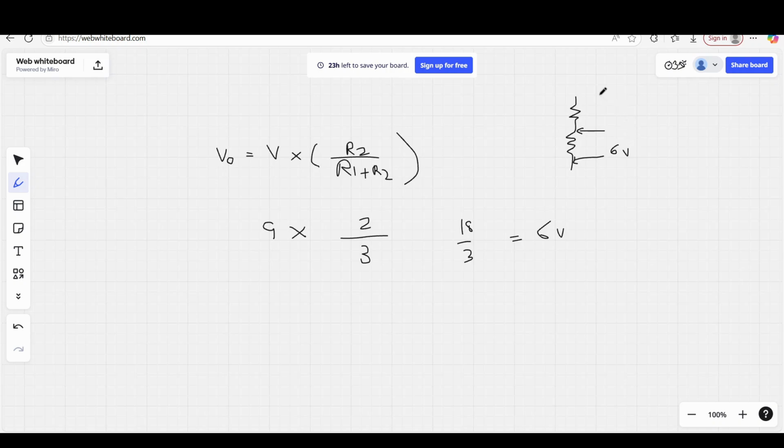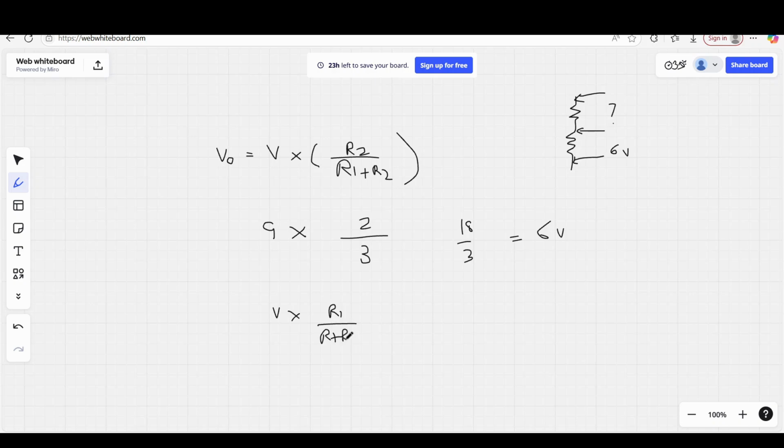Alright. What happens if we check across the upper one? That means what is going to be here. Now, what changes we are going to make is this is going to change to R1. So, we multiplied by, because we are checking across R1, we'll put R1 on top and divide it by R1 plus R2.